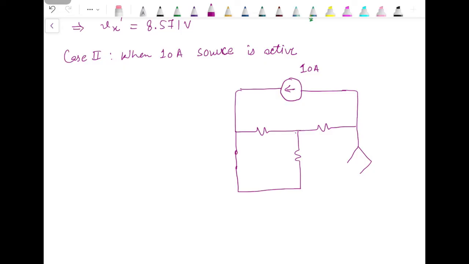Here we have a voltage dependent current source, 6 ohm, 2 ohm, 4 ohm.